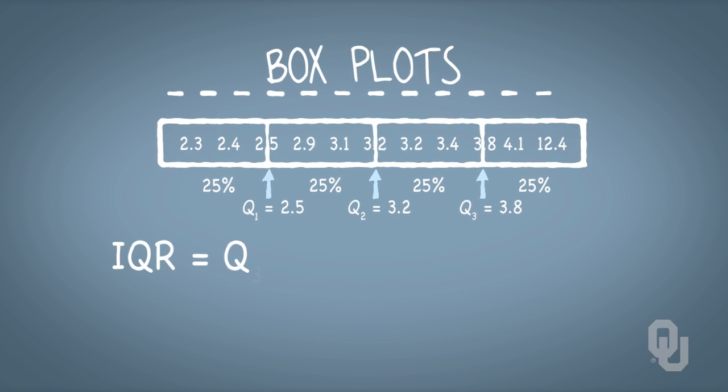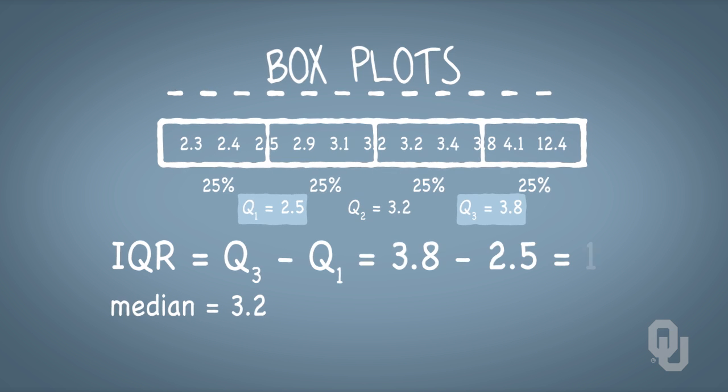We define the interquartile range as Q3 minus Q1. Using our 11 ordered observations discussed previously, the median is 3.2, with Q1 equal to 2.5 and Q3 equal to 3.8. Another interpretation of these values is, for example, 75% of the observations fall below 3.8.